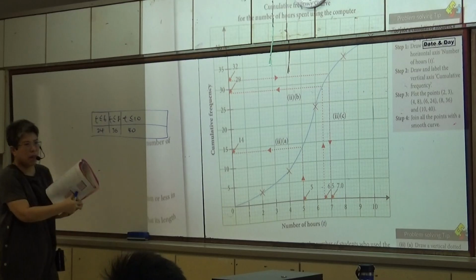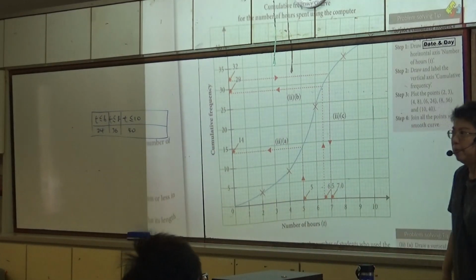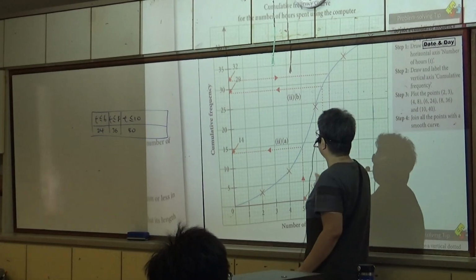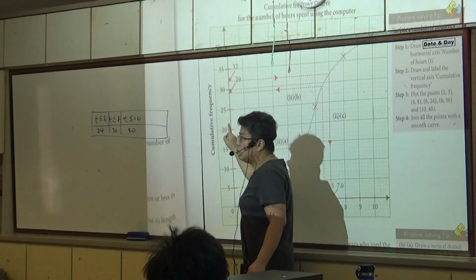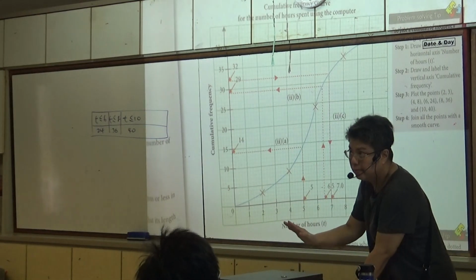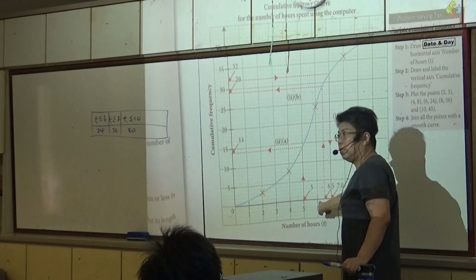It's a less than or equal to table. Am I right now? I'm talking to you. Okay, all of you look up. If I look at 6, I have 24, can you see? That means 24 students use 6 hours or less. That means 6 hours is included here.